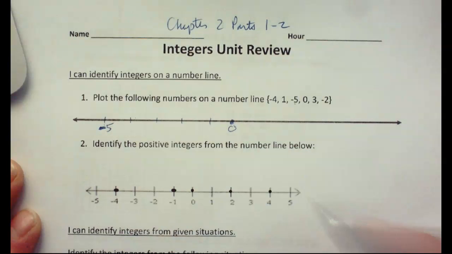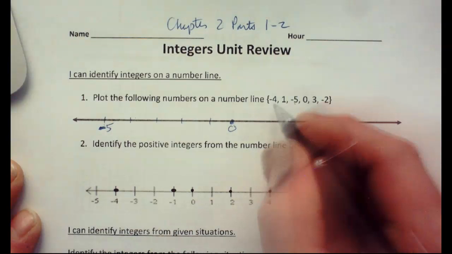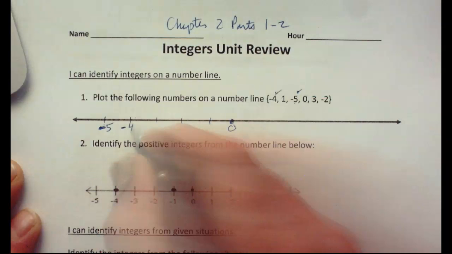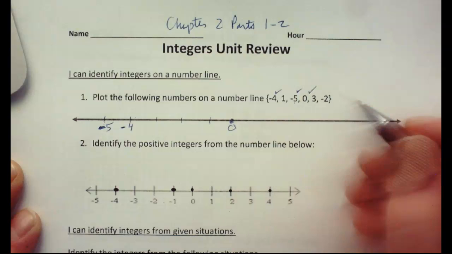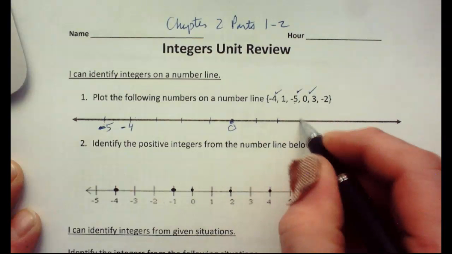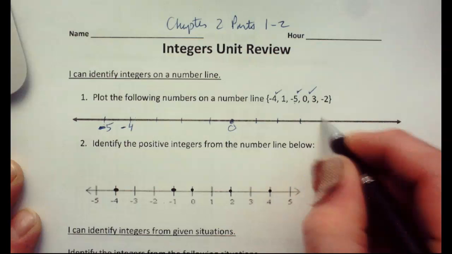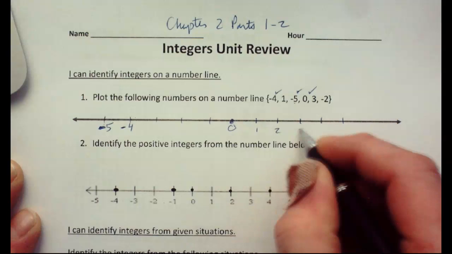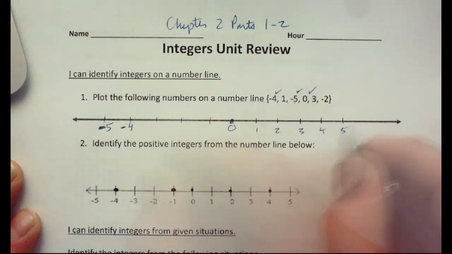This would be -4. Check that guy off. Here would be -4. We've got 0. We've got 1. So let's space these out. 1, 2, 3, 4, 5. So here will be 1, 2, 3, 4, 5. Let's just fill the rest of these in.